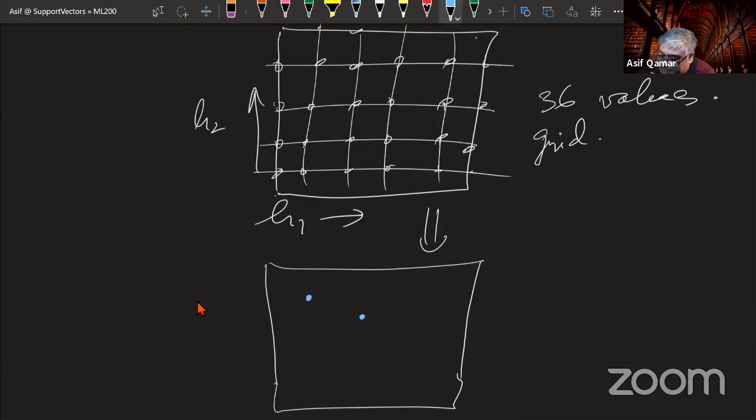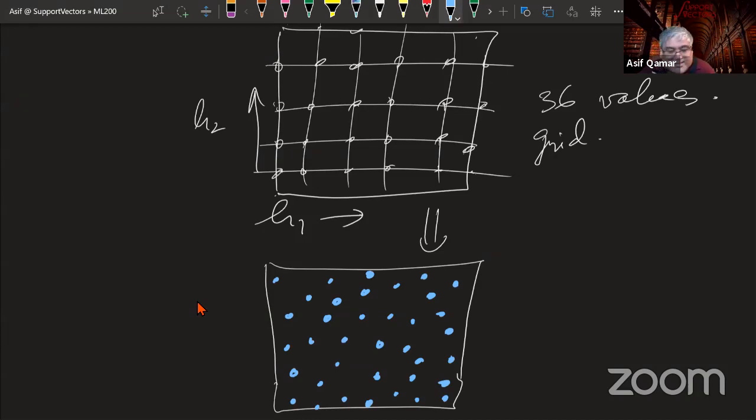Randomly pick 36 values, let me randomly sprinkle these values here. 1, 2, 3, 4, 5, up to 36.